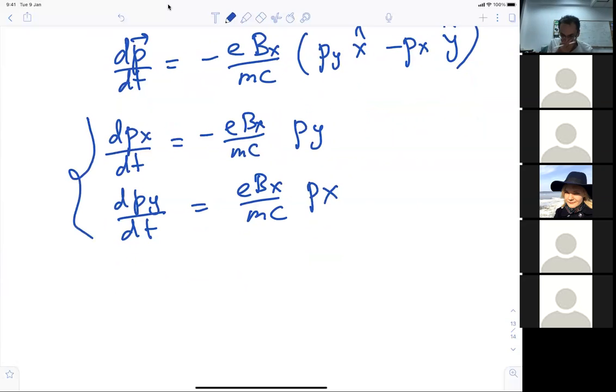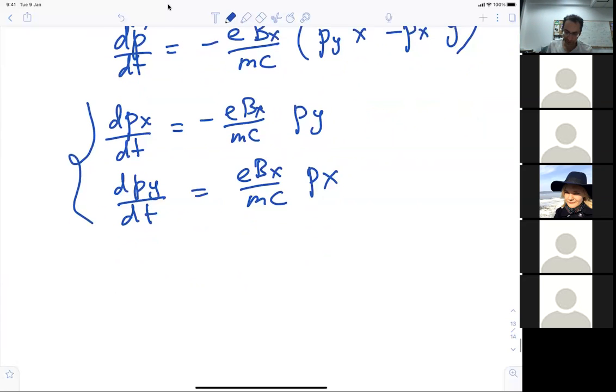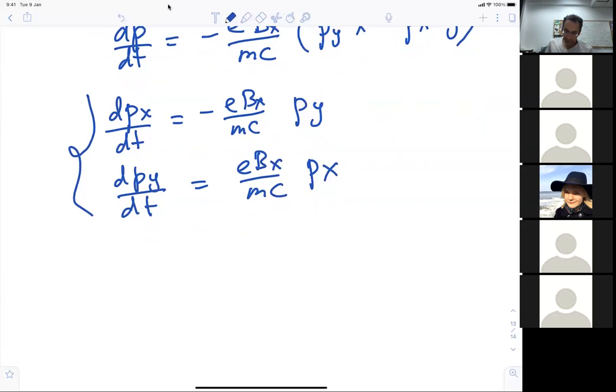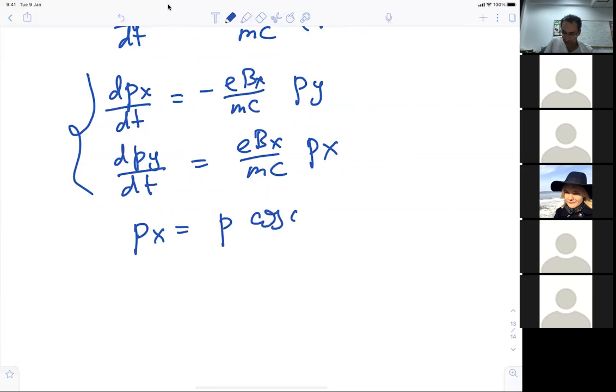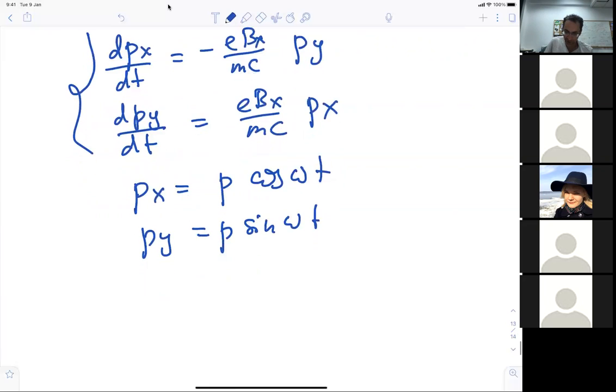Now we can try to solve this equation. So what is the solution of this equation? The solution is obvious, and it tells that px is equal to some p cosine omega t, py is p sine omega t. So let's plug it in.